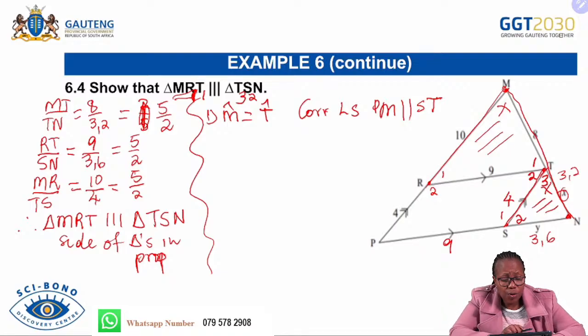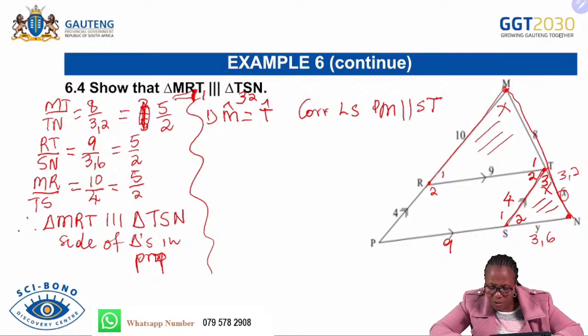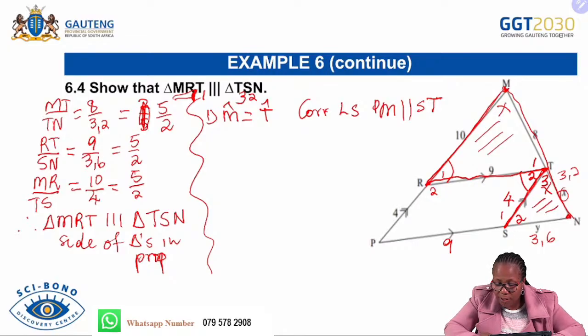And then let's check condition 2. R1, S2. Can R1 be equal to S2? Let's see. Oh, R1 can be equal to this one, T2. Can you see that? That's that shape of alternating angles. And then T2 is also equal to S2 because it is alternating from that point to that one.